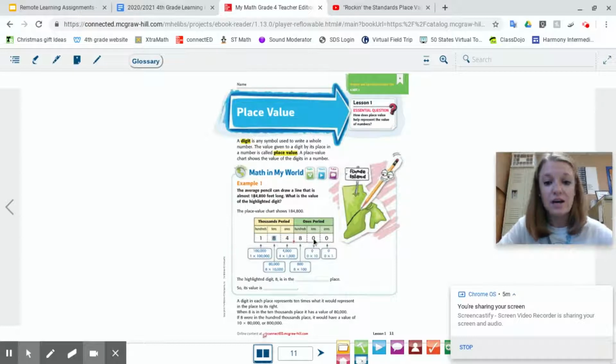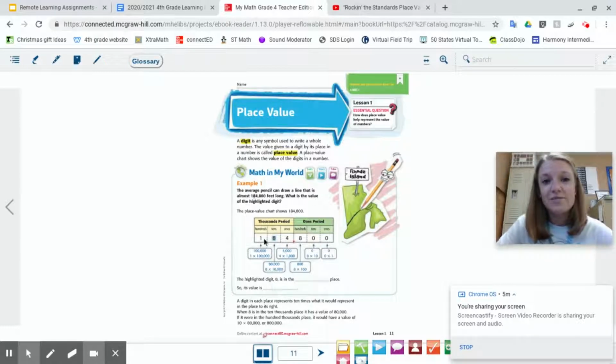Then we have the tens, hundreds, thousands, 10,000s, 100,000s. And if you know anything about numbers, you know that numbers can go on and on forever. So there's more spots after this. However, fourth graders are only required to know up through the millions spot.